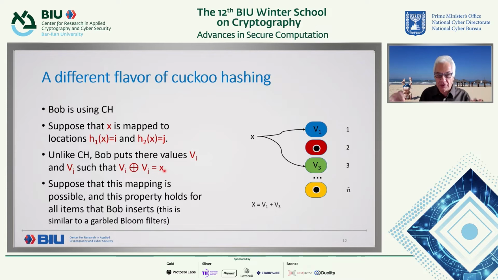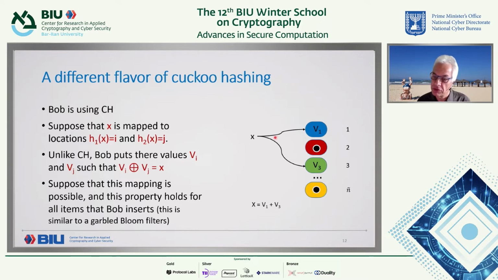It's unclear how to do that, and not clear if it's possible. But instead of putting x in one of the two locations, the combination of the two locations is equal to x. For those who know, this is similar to garbled Bloom filters. You can also call this garbled cuckoo hashing.